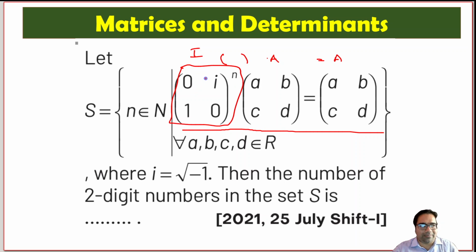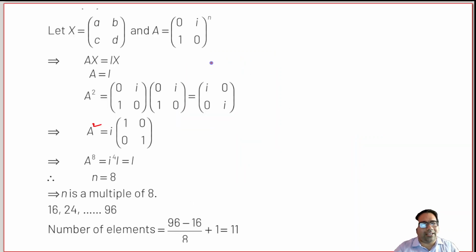Let us try that out. Let us try to multiply this matrix with itself and see when it becomes I. If we call this matrix as A, then A square will be [0 i; 1 0] into [0 i; 1 0].